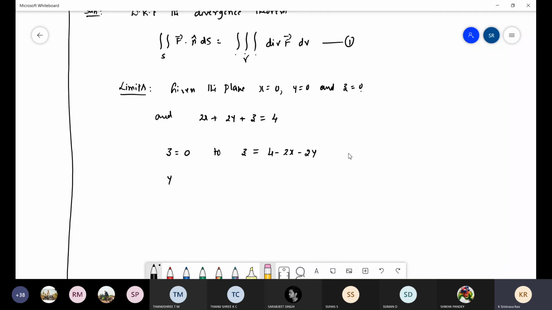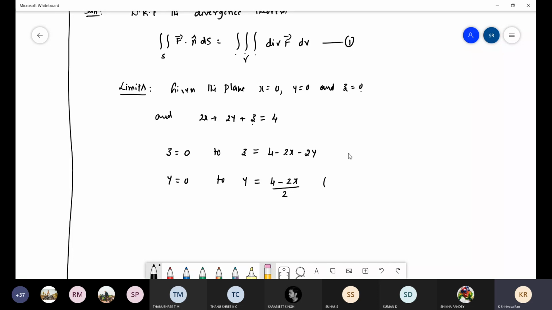Next y. y is equal to 0 to. Okay. See here in this expression make z 0. What is left? Tell me, y is equal to what? 4 minus 2x by 2. This gives y is equal to, okay, y equals 1 by 2 into 4 minus 2x, whole divided by 2. Is it right?